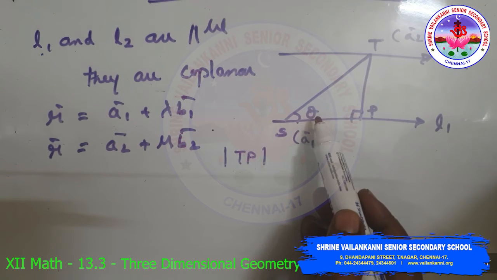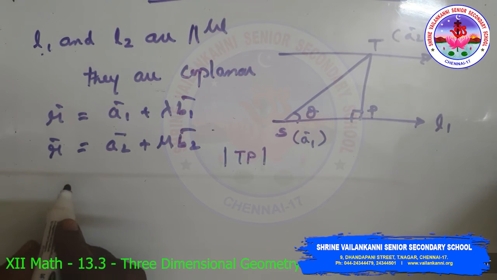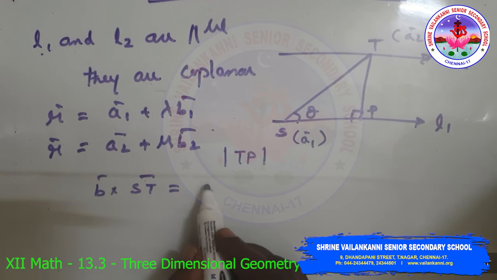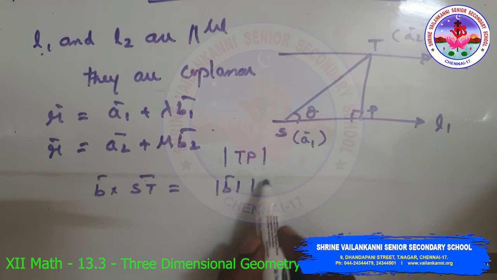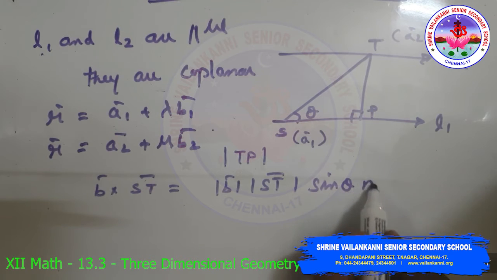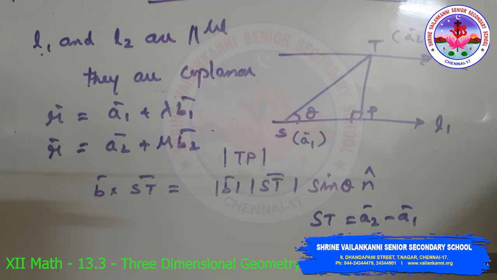Let theta be the angle between the vectors ST and b. Then b cross ST is equal to modulus of b into ST sin theta n cap, where n cap is a unit vector perpendicular to the plane of the lines L1 and L2, and ST is a2 minus a1.